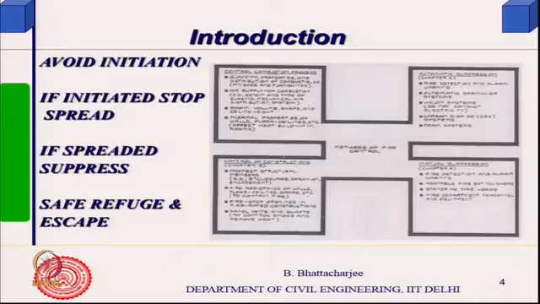So basically, if you see this, I am not very sure it is readable properly or not, but what I will try to do is write it on top of it. For example, this is control of combustion process. So that would avoid injury.